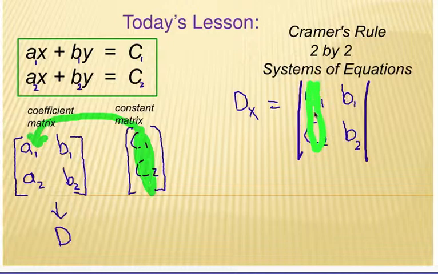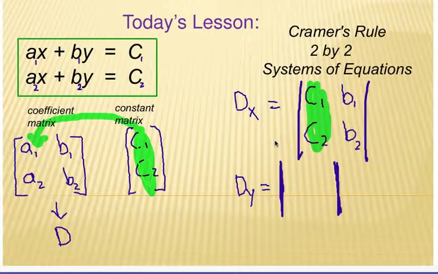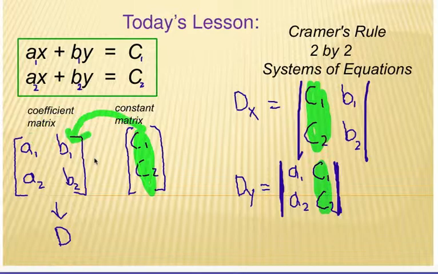So notice the substitution here. Then we do our cross multiplication and figure out the determinant value. So to solve for y, the x coefficients stay the same, but the y coefficients get substituted by the constants, as you can see here.